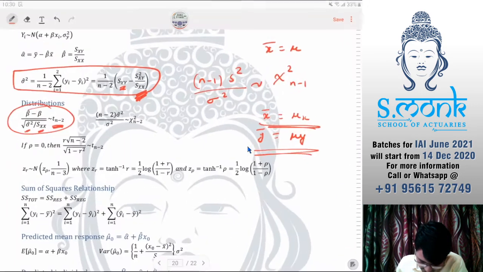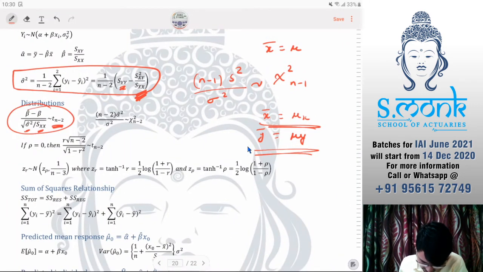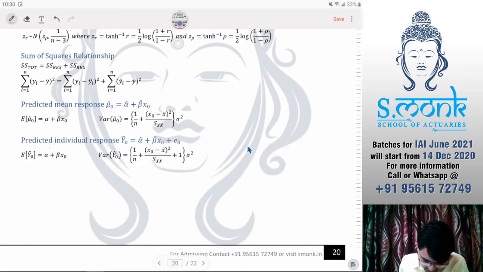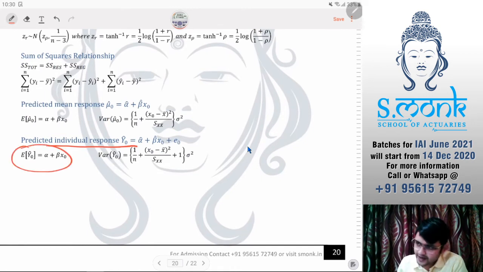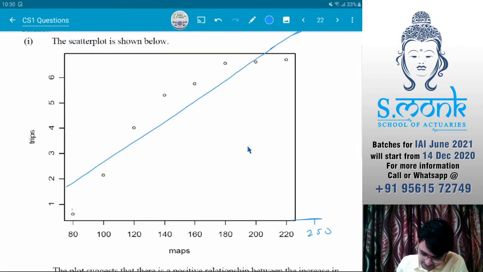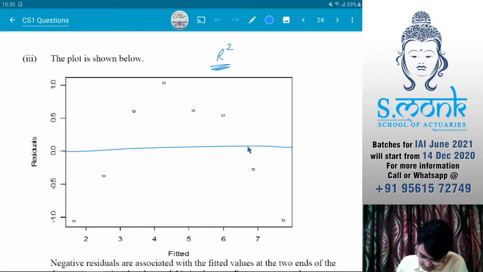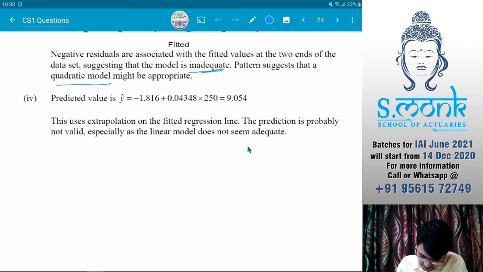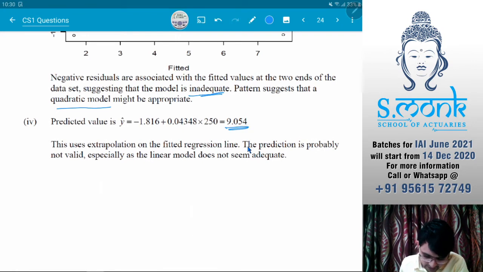So here we'll be using the predicted individual response, expected value of y hat, that would be nothing but alpha plus beta x0. We do not have the exact value, so we will be taking our estimated values of alpha and beta. So this is the predicted.